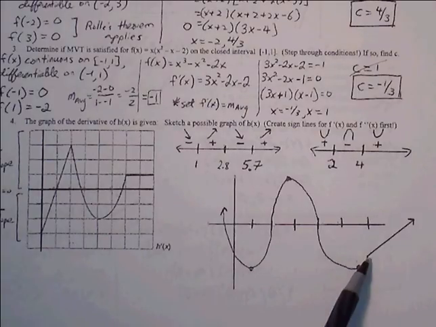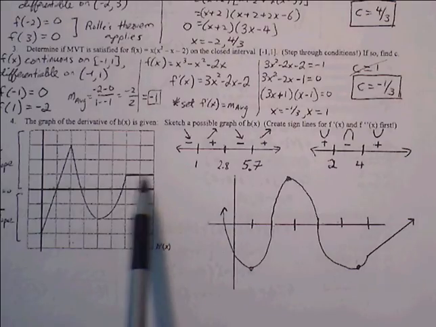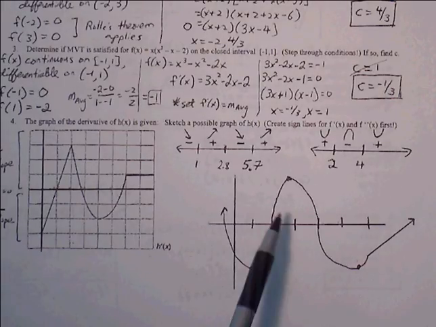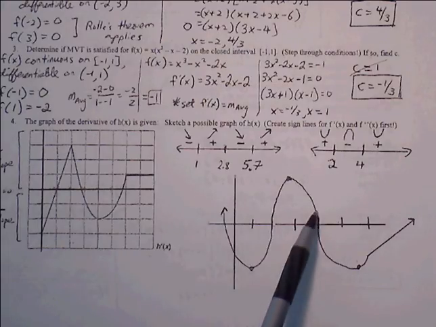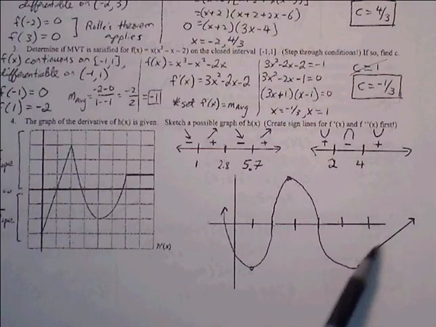And then to the right of 6, I want the slope to be exactly 1. We see that this is a y value of 1, so I'm just going to best represent a slope of 1 for the original graph. So concave up to the POI, concave down to the second POI, concave up, and then just a linear graph with a slope of 1.